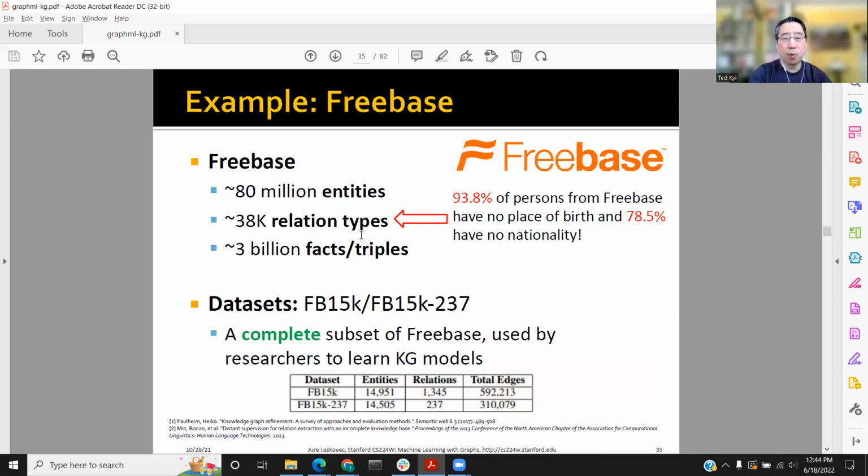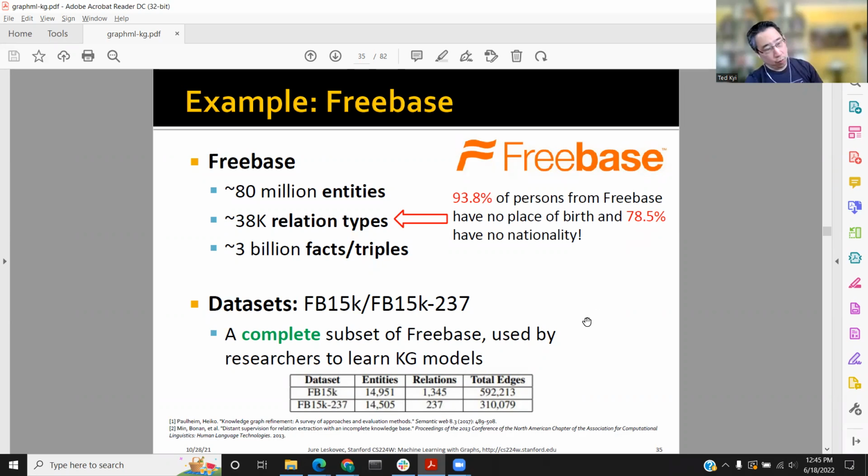But of these, one is place of birth, and 93% of the people in this database don't actually have that relation type specified. And even nationality, which is more generic than just the exact city where you were born, it's still 78% of them that don't exist.